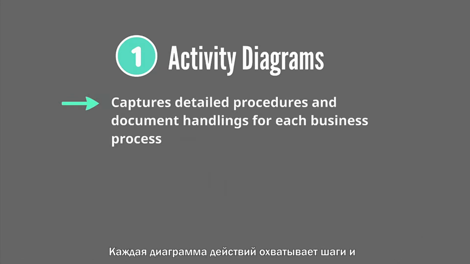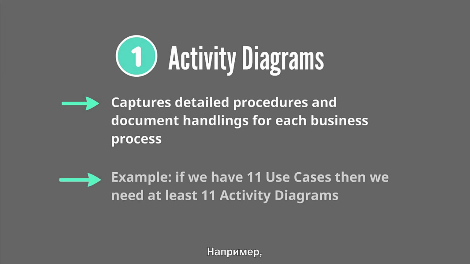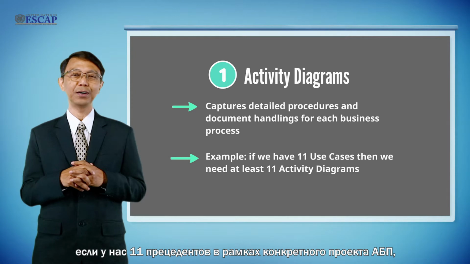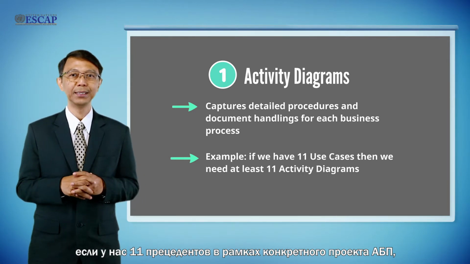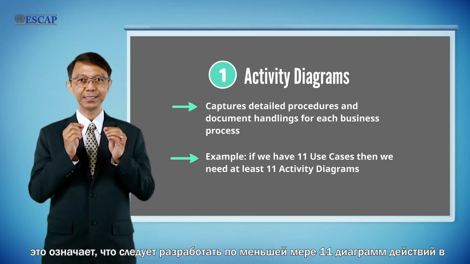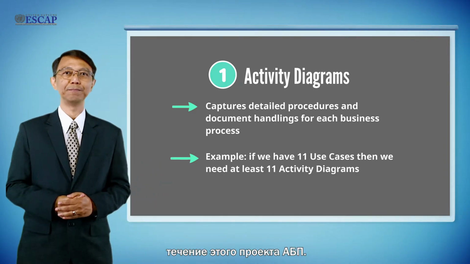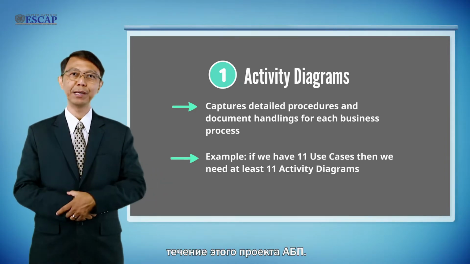Each activity diagram captures detailed steps, detailed procedures, and documentary requirements for each core business process or each use case. For example, if we have 11 use cases within the scope of a particular BPA project, this means that at least 11 activity diagrams must be developed during the course of this BPA project.